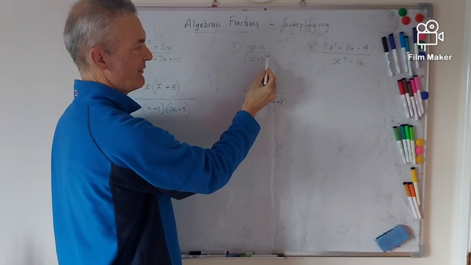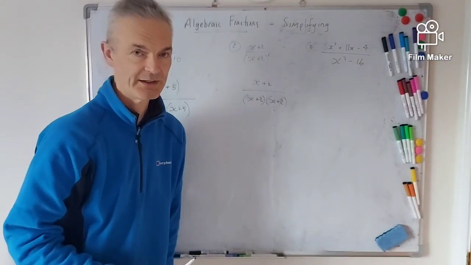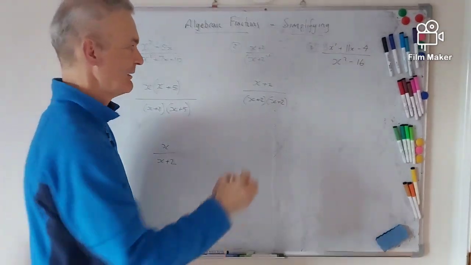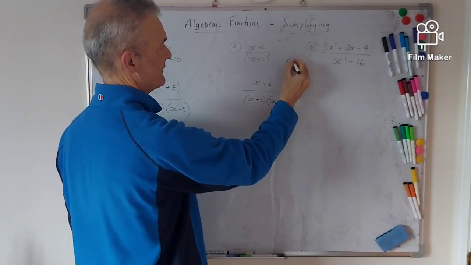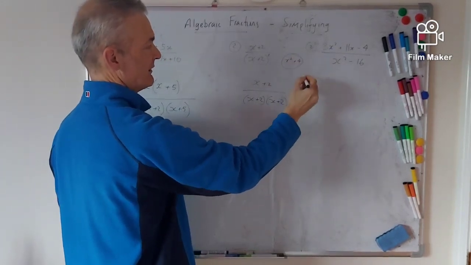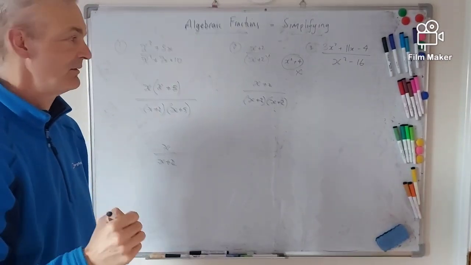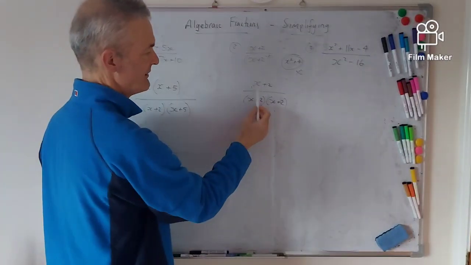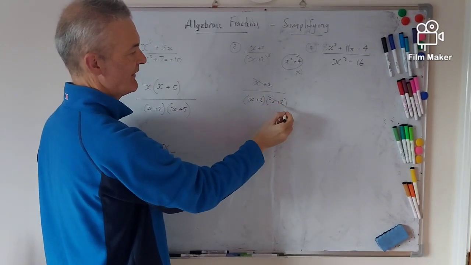Remember, when we're squaring something, it means multiplying the same thing together twice. I have seen people square this and come up with this, which is not right. Okay, so don't do that. And then what you're going to do here, obviously we've got a factor that we can cancel, that one and that one.